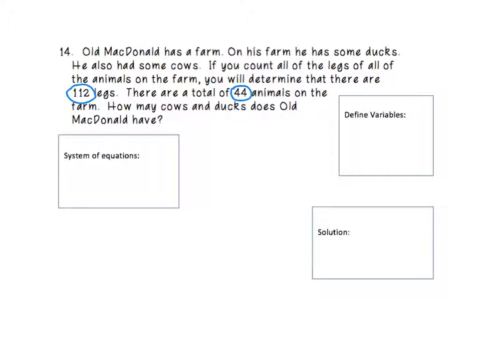So when I define those variables, I need to be able to answer that question. So C equals number of cows, and D equals number of ducks. Then I'll set my equations equal to those totals we have, and I'll look at the legs first.